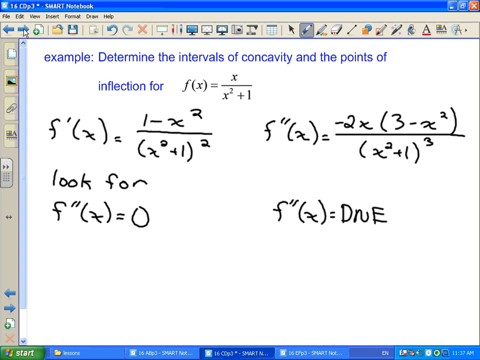And again, this is completely analogous to what we did with the first derivative when we were doing our intervals of increase and decrease. So for points where the second derivative is equal to 0, we are going to set the numerator equal to 0. For points where it does not exist, we're going to set our denominator equal to 0, and we're going to solve for x.